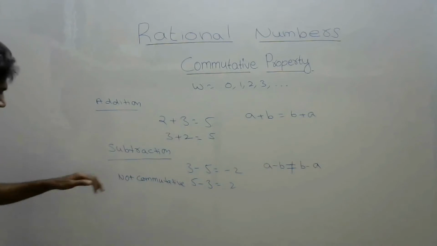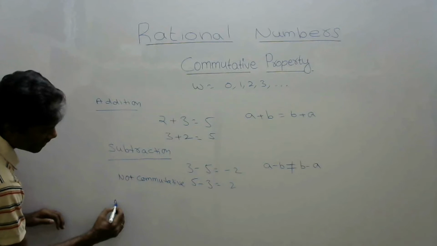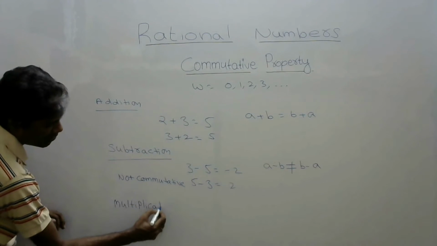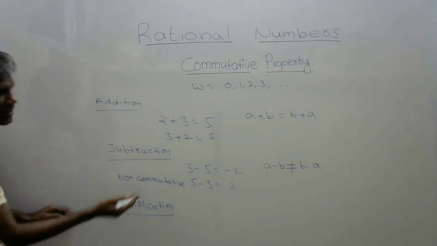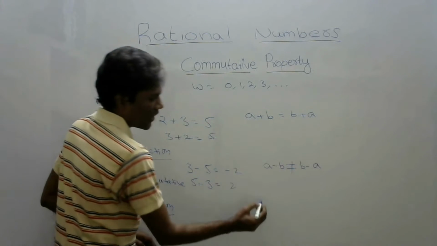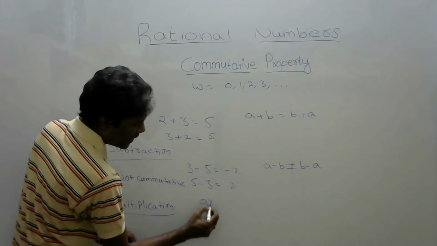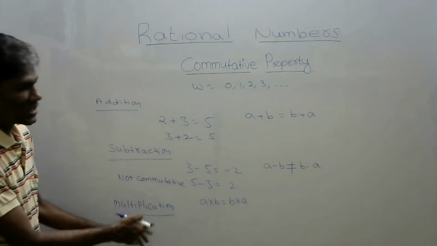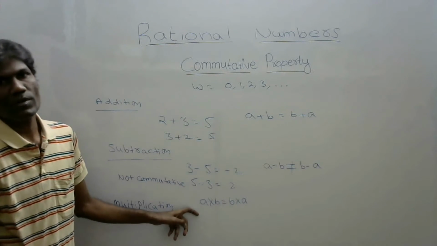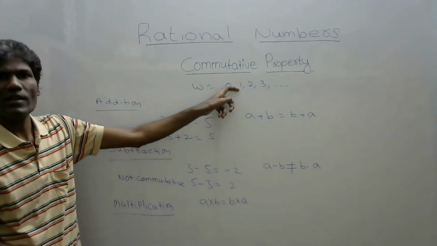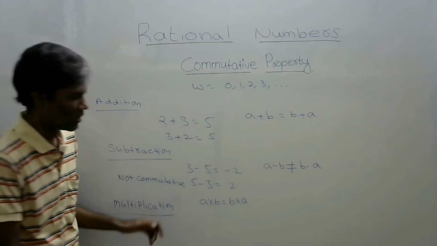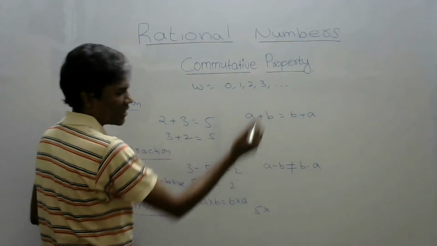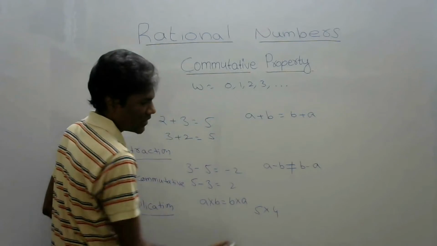Next, multiplication. Same as this, if a into b equals b into a, then we say that multiplication is commutative. So, take any two numbers from these whole numbers, say 5 into 4.